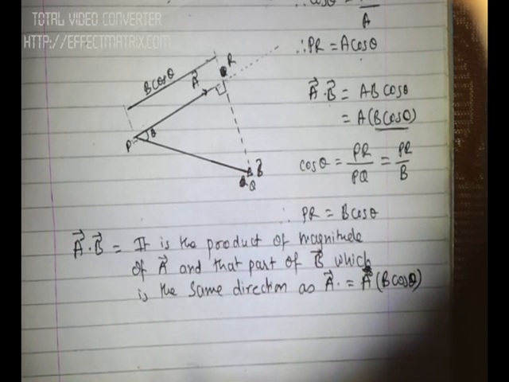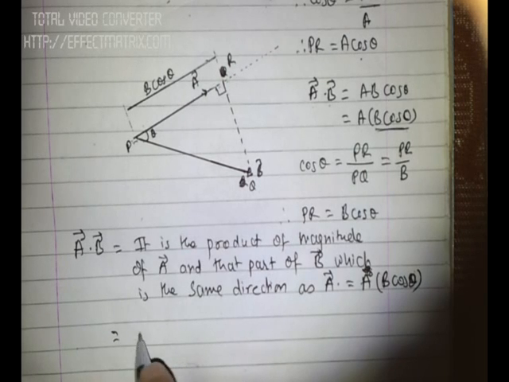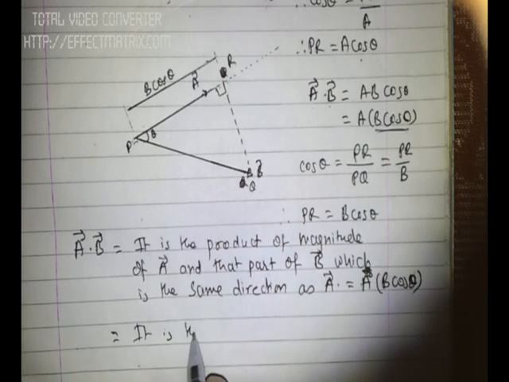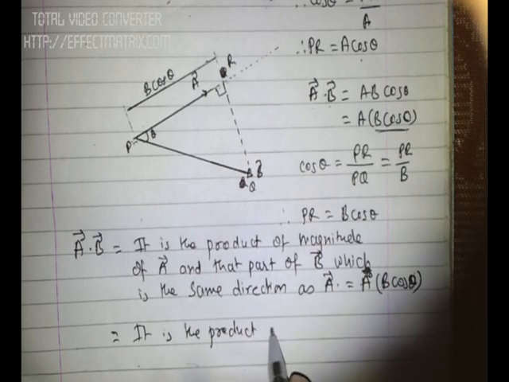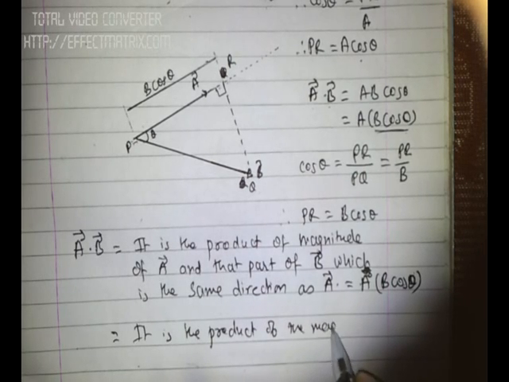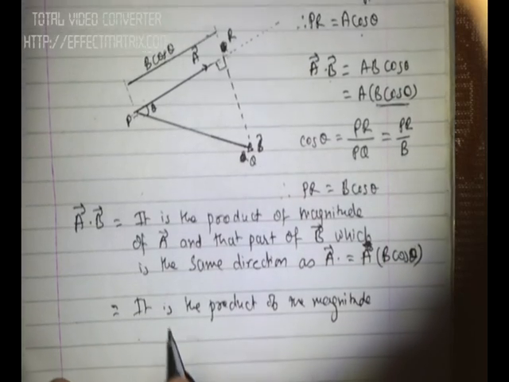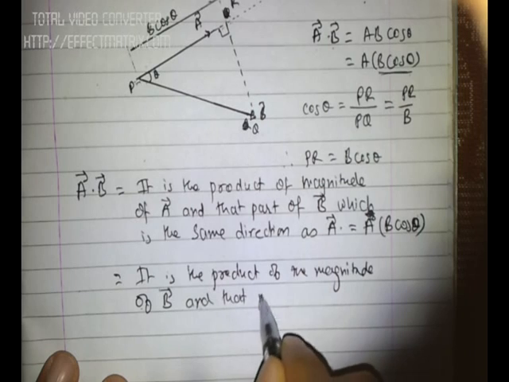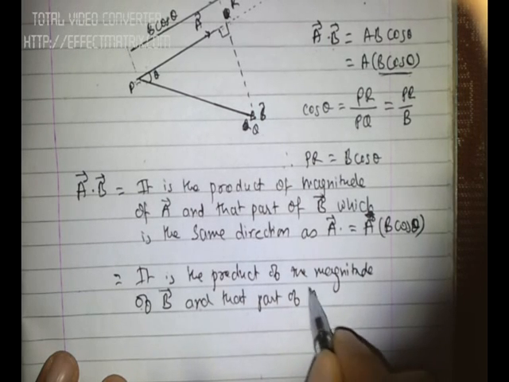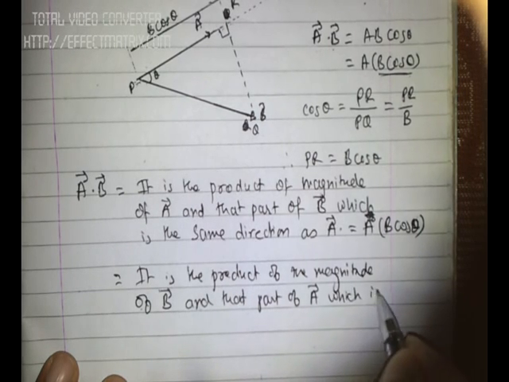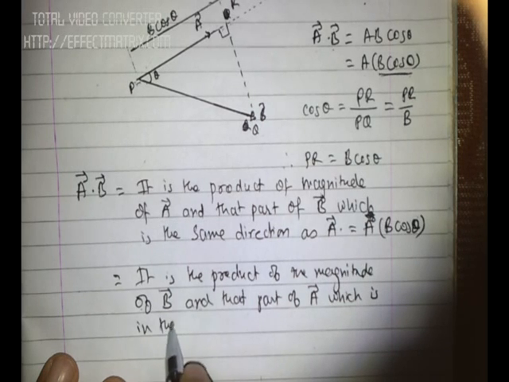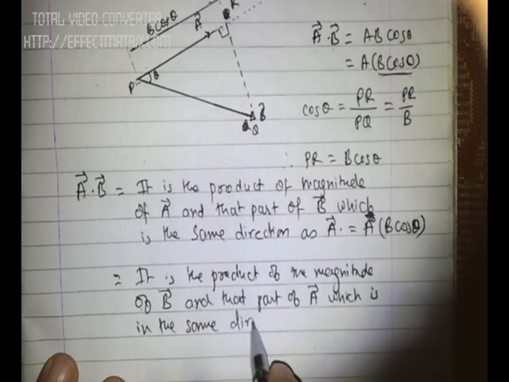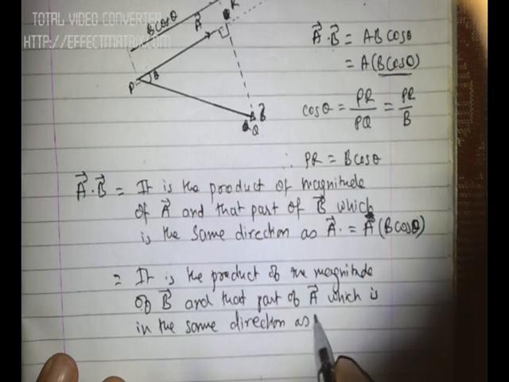Cos theta, and it is also equal to the product of the magnitude of vector B and that component of vector A which is in the same direction as vector B, which is equal to B into A cos theta.